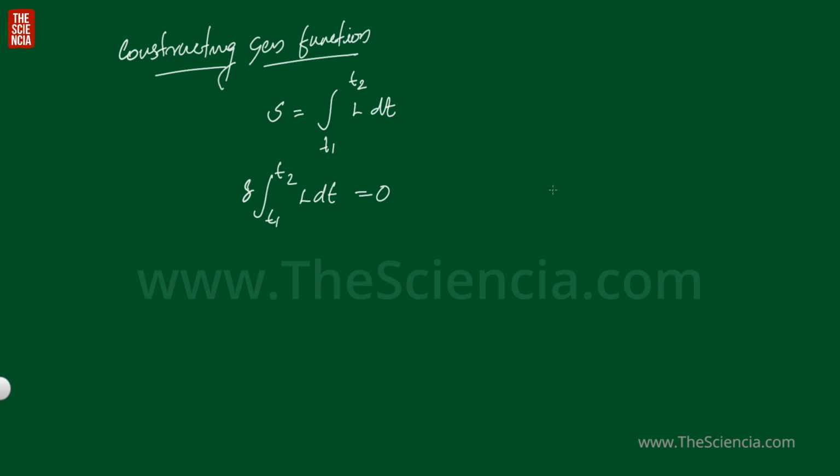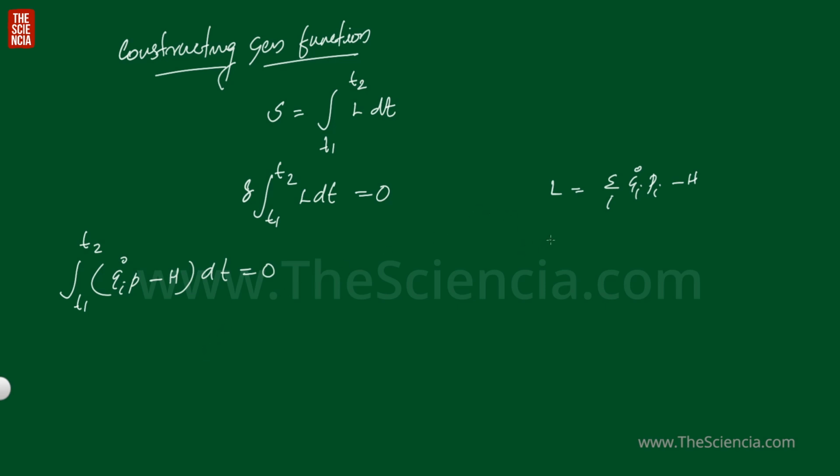And we know the Lagrangian is equal to summation i q_i dot p_i minus Hamiltonian. So I am using this equation here. So I get integral t1 to t2, I am replacing this L by this equation, that is (q_i dot p minus H) dt equal to 0.